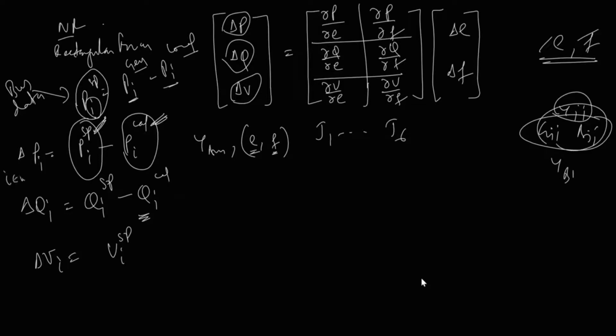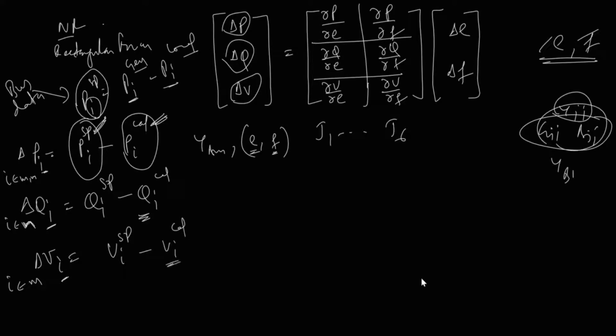This i belongs to M and N, generator buses and load buses, and this i belongs to only load buses, N, and this i belongs to V specified at generator buses, M buses. So each i has its own subset. So delta Vi is equals to Vi specified minus Vi calculated.